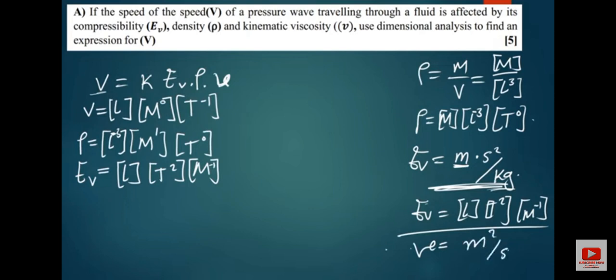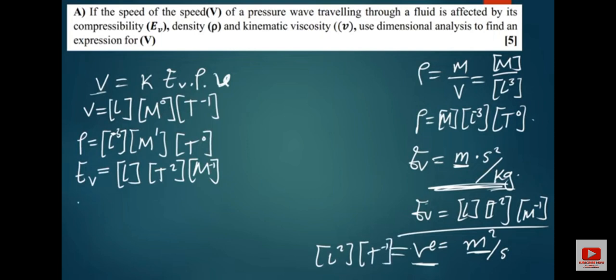So this implies that the dimensions for kinematic viscosity are simply going to be what? We have meters there, that's the length, so we have length squared, and the time there, the second, is simply time, so this is time to the power -1.